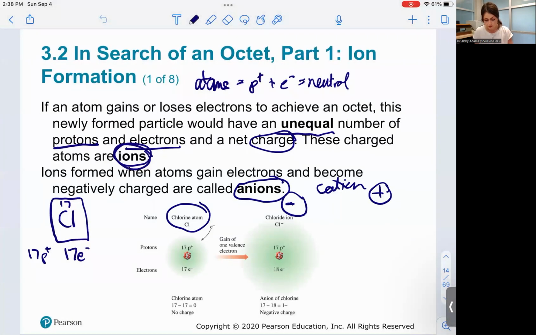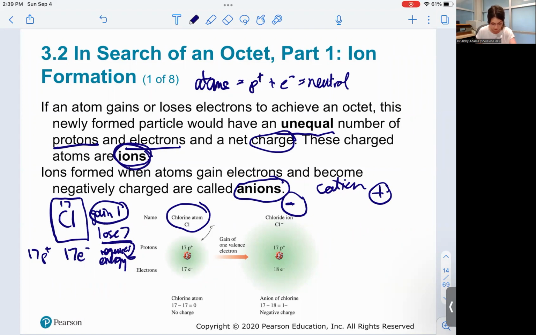So either lose 7 electrons or gain 1 electron and then have 18 electrons. The thing about losing 7 electrons is that it's a lot of energy, right? It's going to require a lot of energy. So instead, we're going to gain 1 electron.